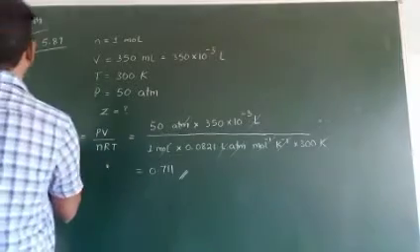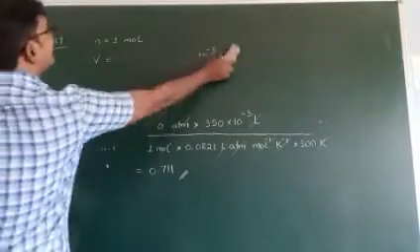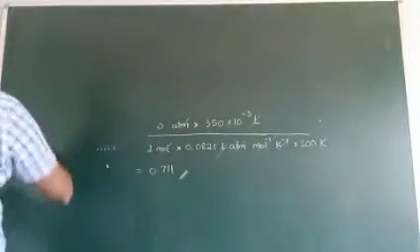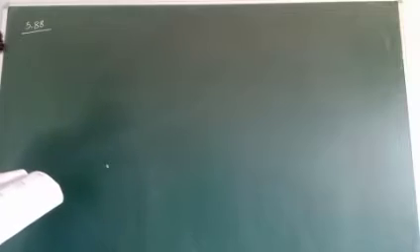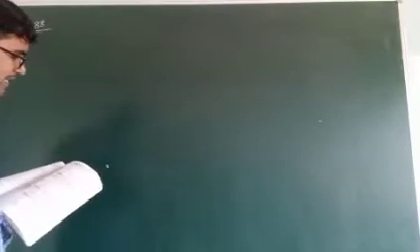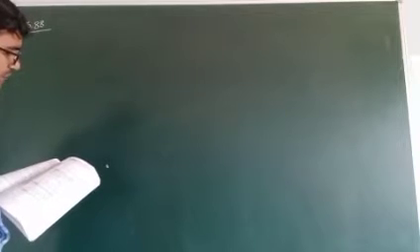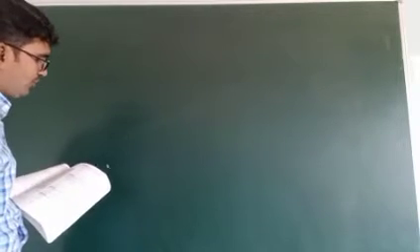Next, second one, 5.88. Calculate the pressure exerted by 8.5 grams of ammonia contained in a 0.5 liter vessel at 300 Kelvin.